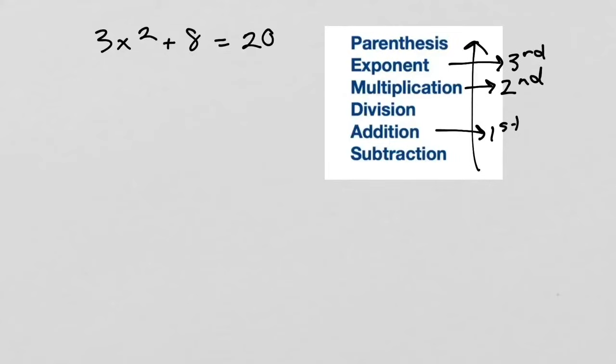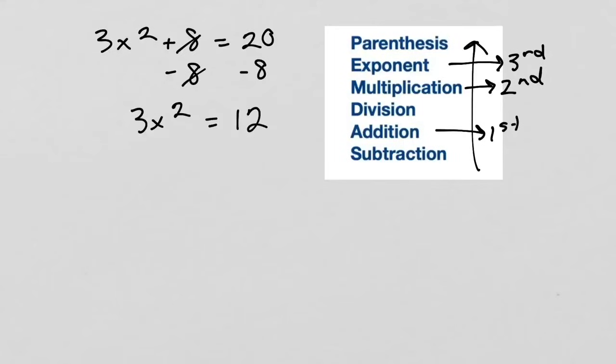We will get rid of the plus 8 by performing the opposite operation on it. Subtract 8 from both sides. The 8 will cancel out. 20 minus 8 is 12. So now we have 3x squared equals 12.